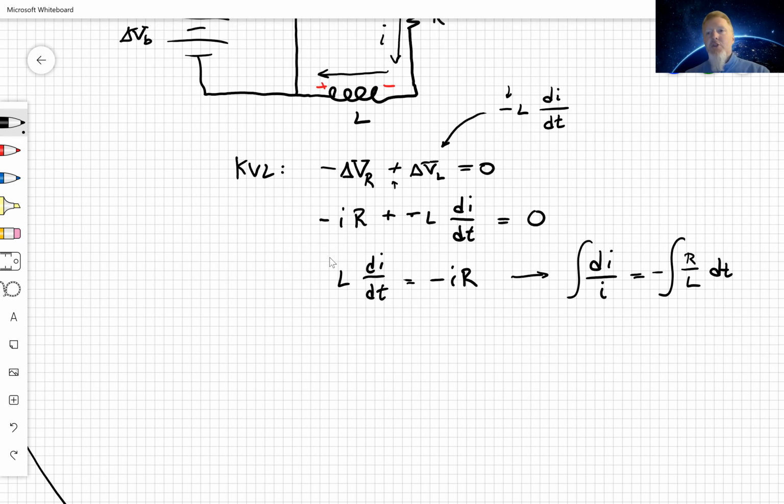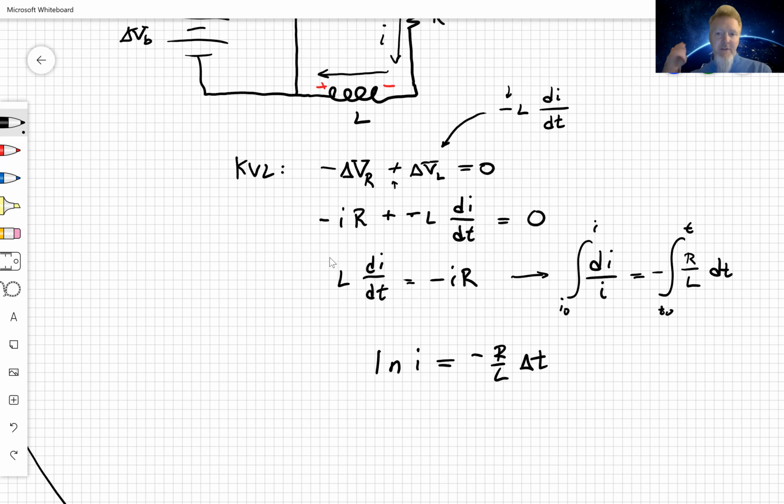And I'm going to assume limits of integration. The current is dropping, so it started at some value and is going to some lower value, and time was at some value and went on to some other value. The point being here that the log of the current is minus R over L times a time interval.